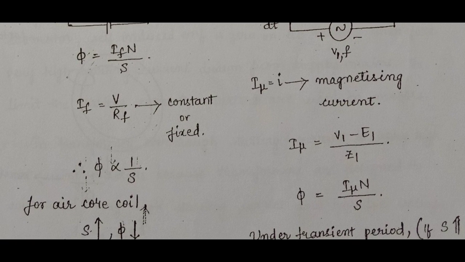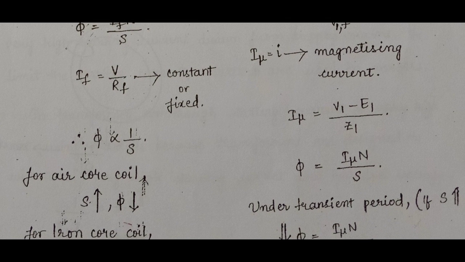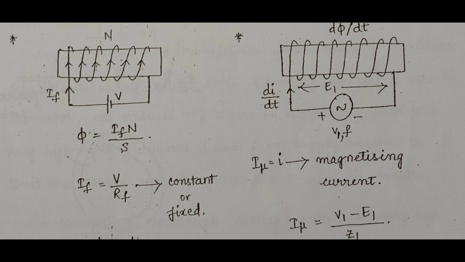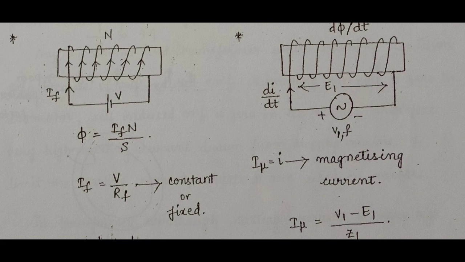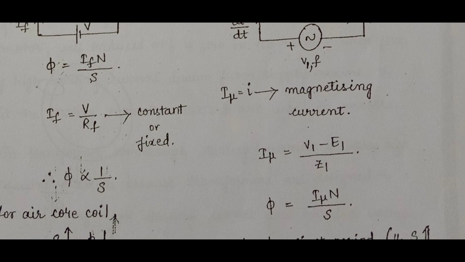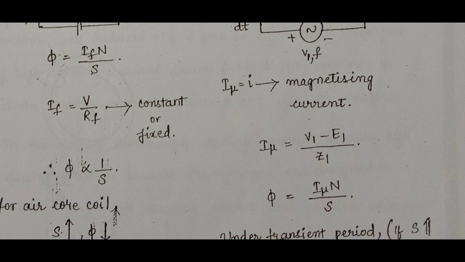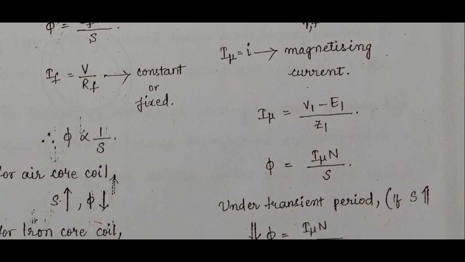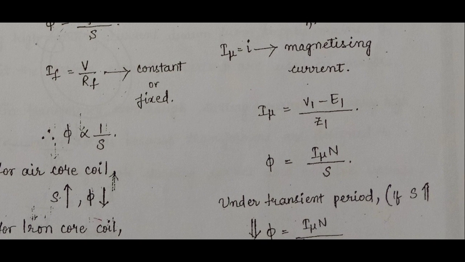I mu equals (V1 minus E1) by Z1. Here V1 is the supply voltage, E1 is the induced voltage, and Z1 is the impedance.